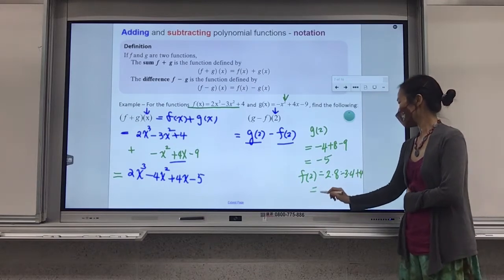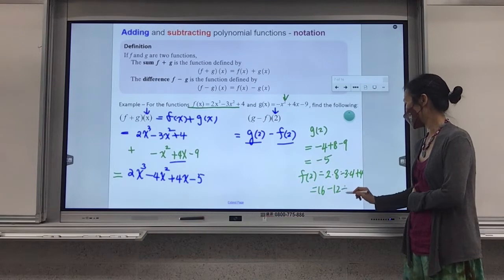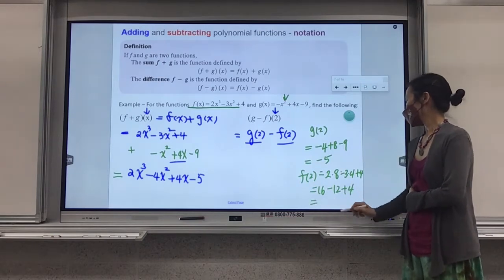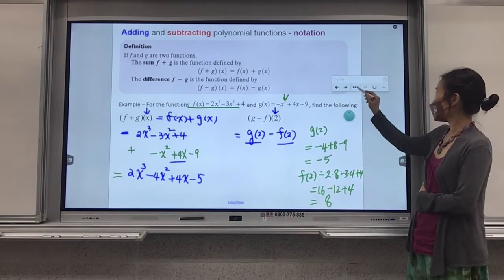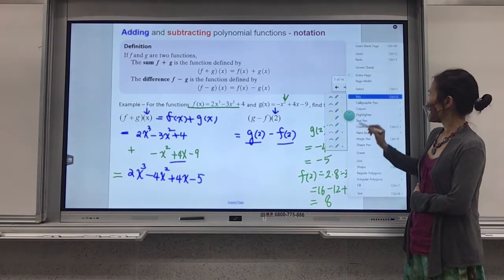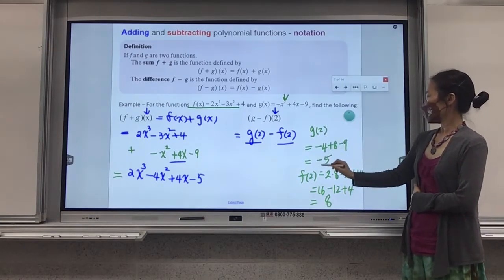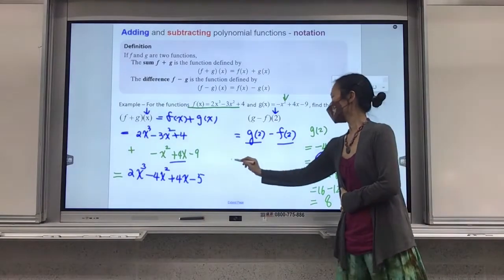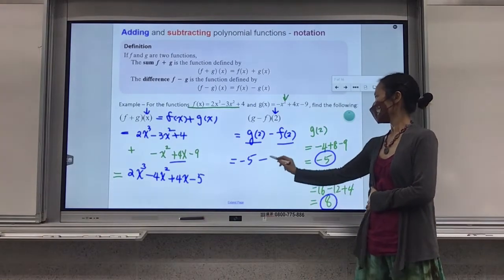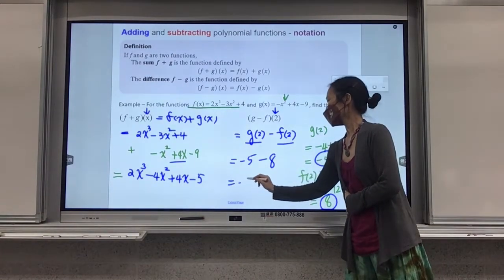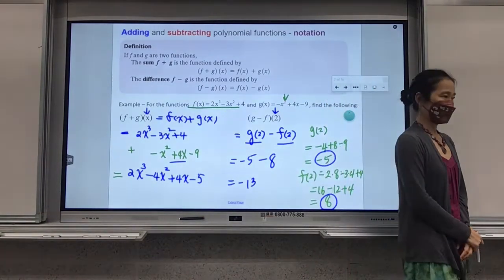Okay, 16 minus 12 plus 4. It is 8. Okay, we found both. So, g of 2 is negative 5 minus 8. Negative 13.